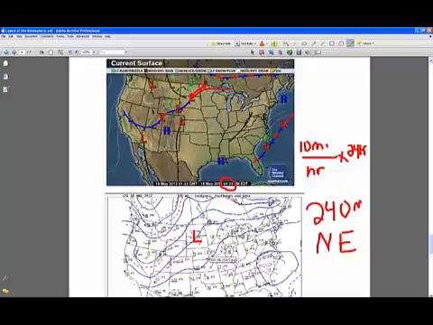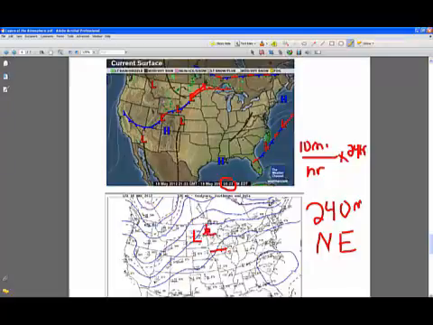If you look at Iowa, you can use Iowa as a good way to measure: roughly from west to east across Iowa is 300 miles. So if I were to take this and move it up here, I don't want to resize it. 300 miles is roughly right about, or 240 miles is about right here. So the surface low would move to about right here by tomorrow afternoon.